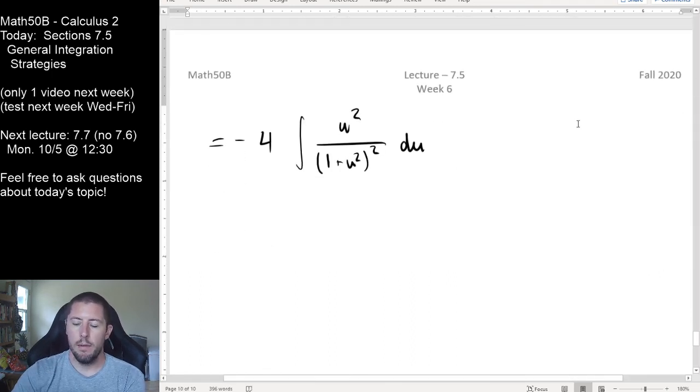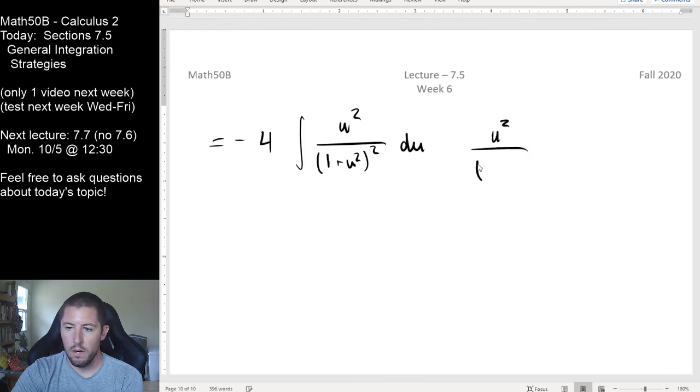Our partial fraction decomposition should say u squared over (1 plus u squared) squared. Notice we do have a repeated factor down here. So I'm going to break this apart as one copy, 1 plus u squared, as well as if we keep both copies, (1 plus u squared) squared.